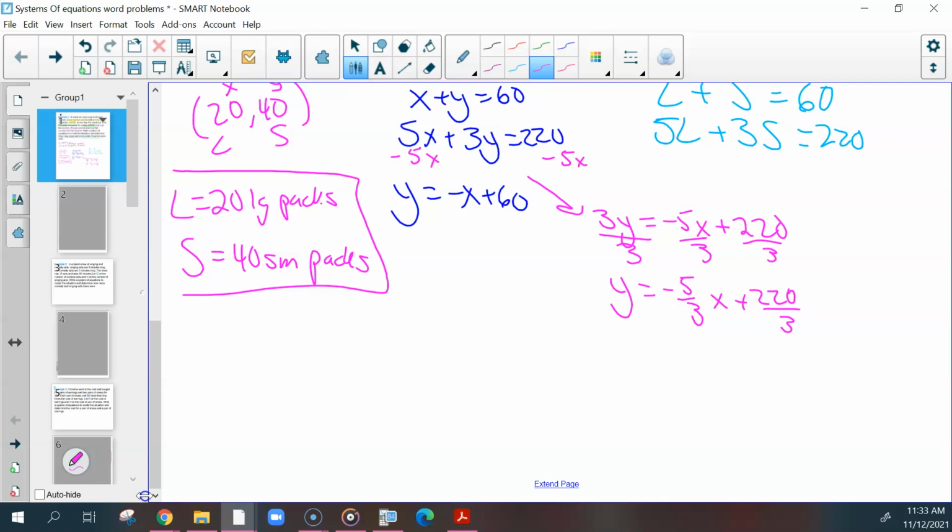Like I said earlier, you're going to have a choice of how you wish to solve these. So we're going to continue with this one and solve it by substitution and elimination. But before we do that, does anyone have any questions on how we solve this by graphing? Marta?